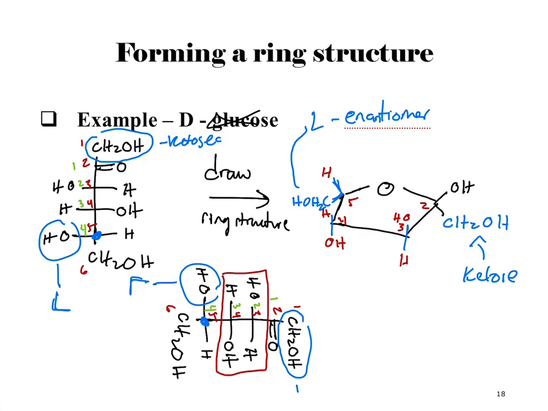Then you just rotate it on its side, or if you're good at visualizing it, you can just look at it sideways, and that gives you the orientation of the polyhydroxyl part of the carbohydrate. I know it's a lot of steps, but this is how the actual structure of the molecules comes into play, because this is how carbohydrates are going to polymerize with each other. They don't polymerize in this linear form, they polymerize in the ring structure.